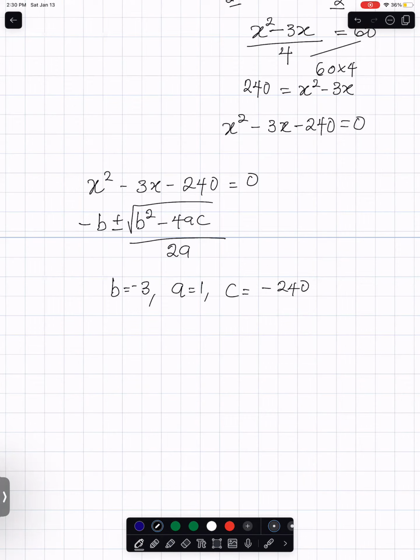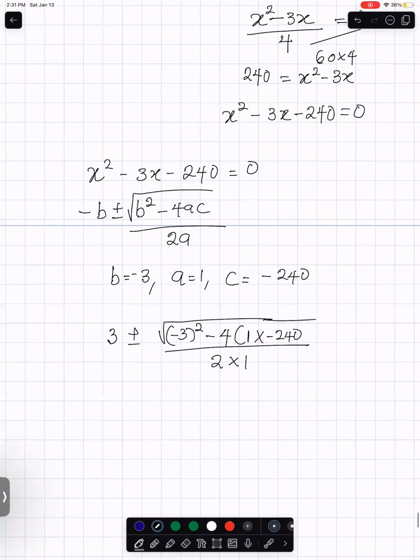So we have minus b, which is minus minus 3 gives us 3, plus or minus the square root of minus 3 squared minus 4 into 1 multiplied by minus 240, divided by 2 multiplied by 1. So I have 3 plus or minus the square root of 9 plus 960, that's 4 multiply 1 multiply 240, divided by 2.